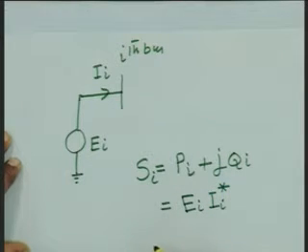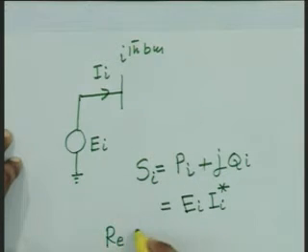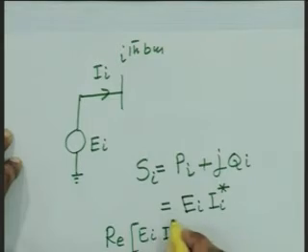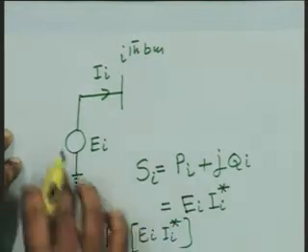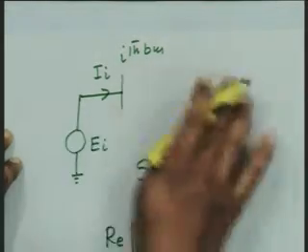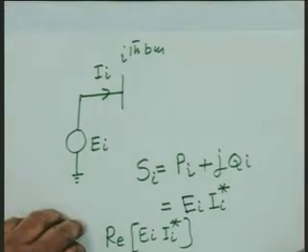Star stands for conjugate. And therefore, when I take the real part of this Ei Ii star, that becomes the electrical power output from the ith generator.